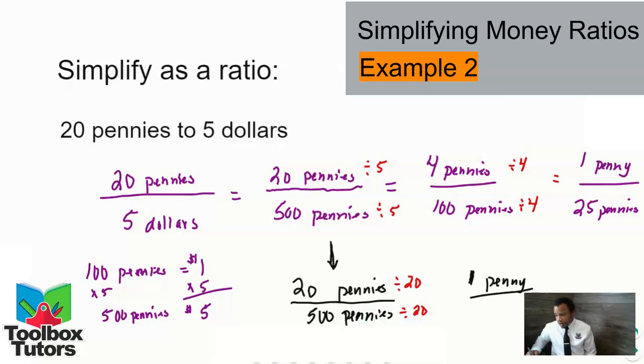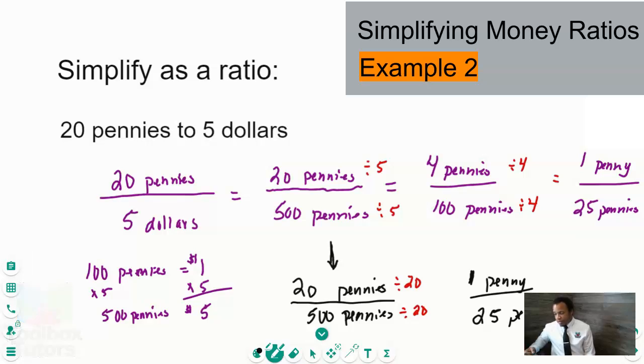So that means in order to go into 500, what we have is 25, because 5 times 5 gives you 25. So 1 over 25 pennies. So see, you get the same answer regardless of the way you work it out or the numbers you use. And this will be your answer for this example.